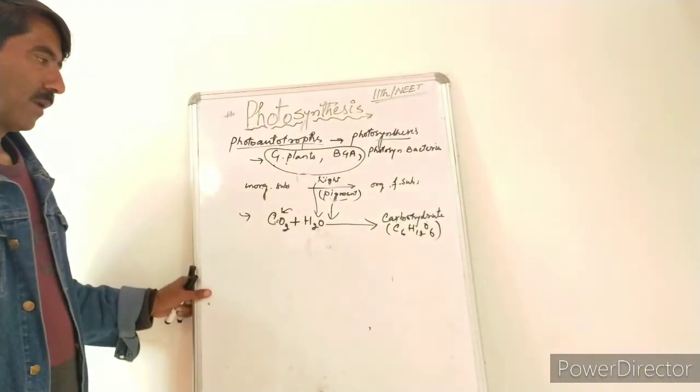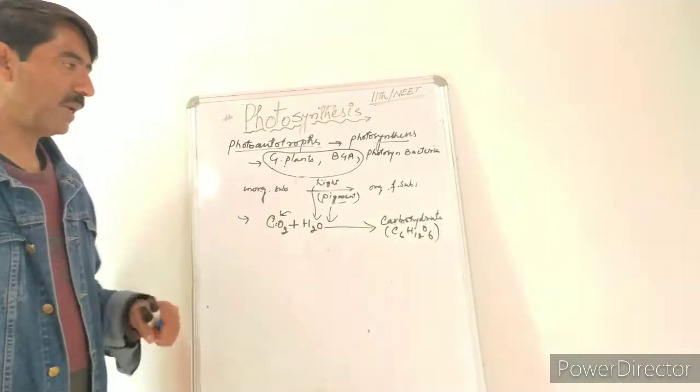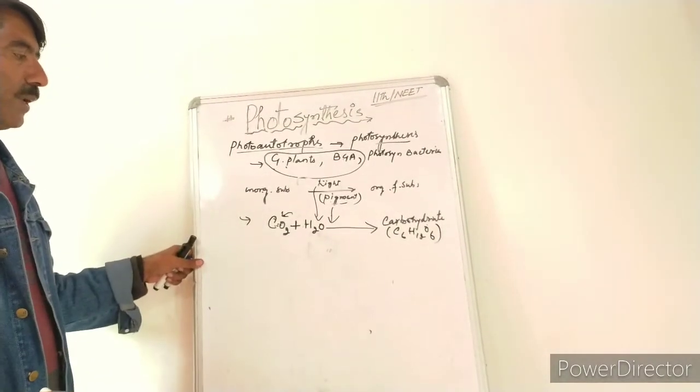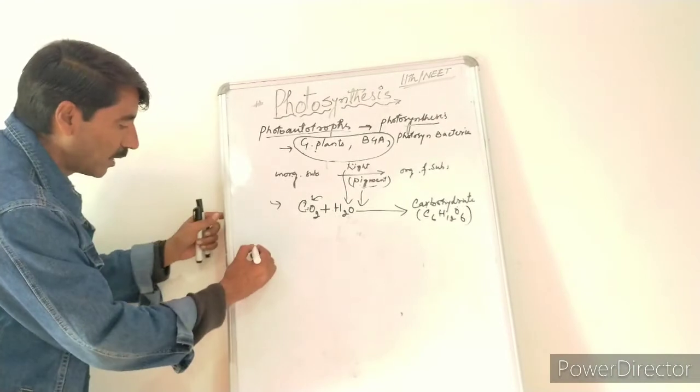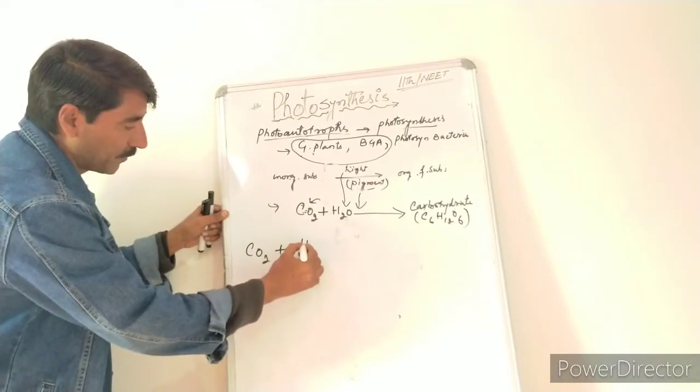So now if we take elaborately the chemical reaction which occurs in plants and blue-green algae, that is carbon dioxide combines with water.